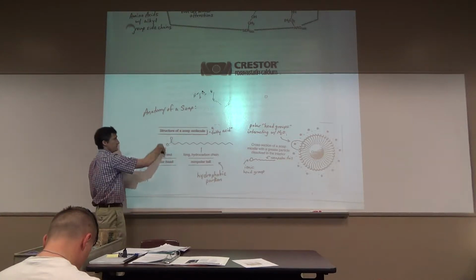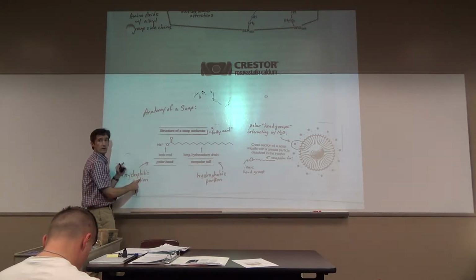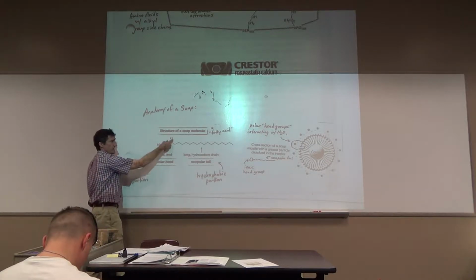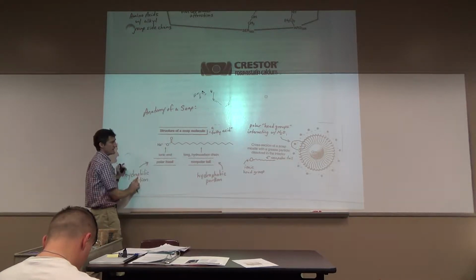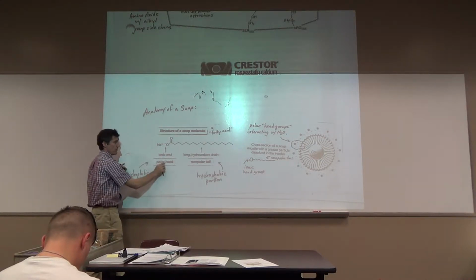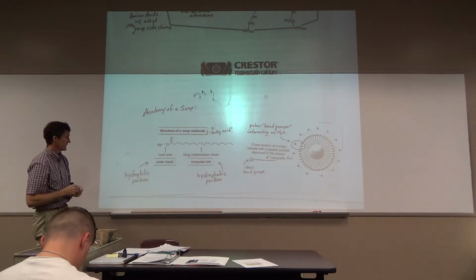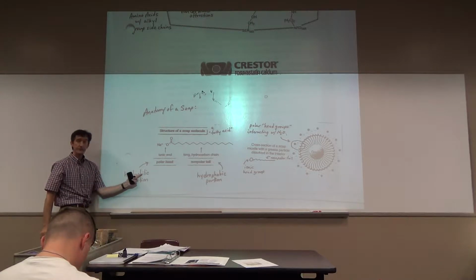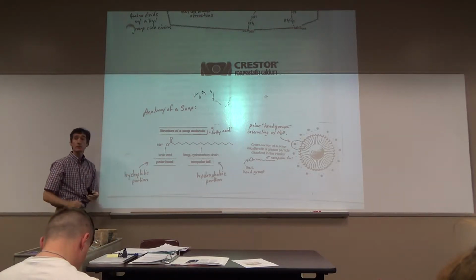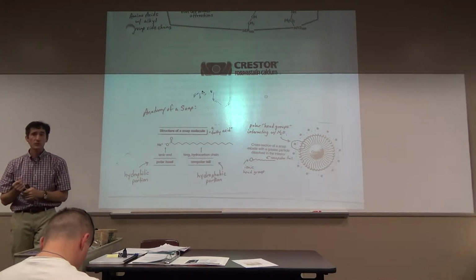But you also have this polar so-called head group. And this is the carboxylic acid in the ionized state, ionic, and so it's polar. And so you have two regions. And that would be called what? Hydrophilic, water-loving. Because the polar is going to like polar water. So most soaps are like this.